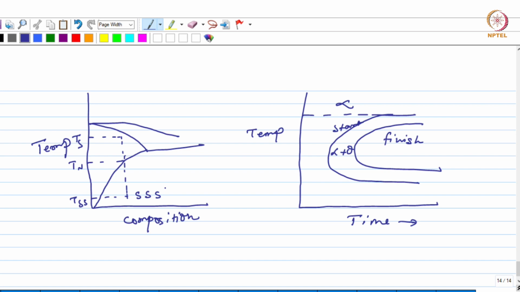Okay, so what we discussed in the previous class is that when you cool at slow cooling rates after heating it to the single phase region, then it will go through both the start as well as the finish curve, and you will get this equilibrium phase, which will be coarse in nature.